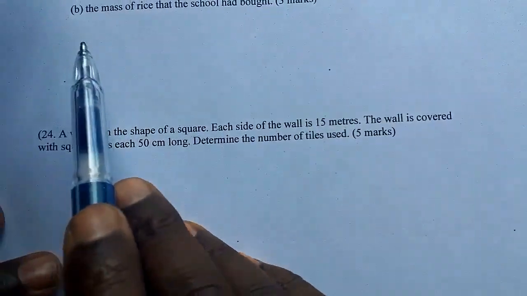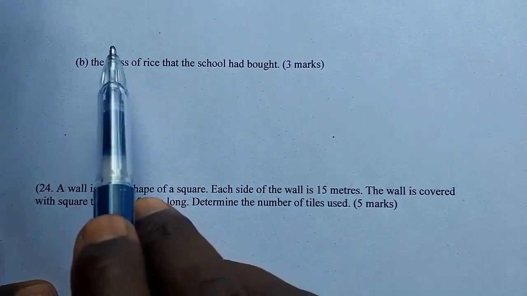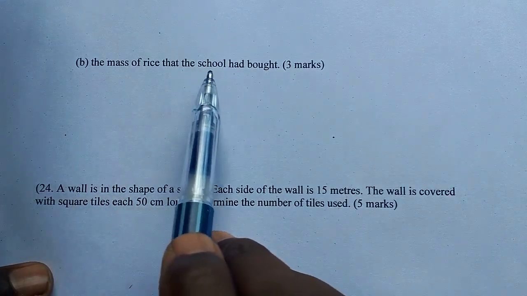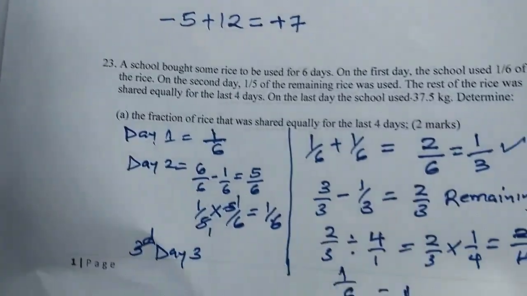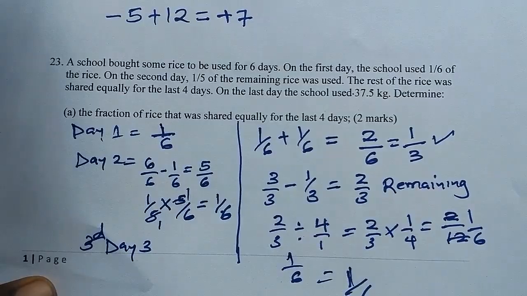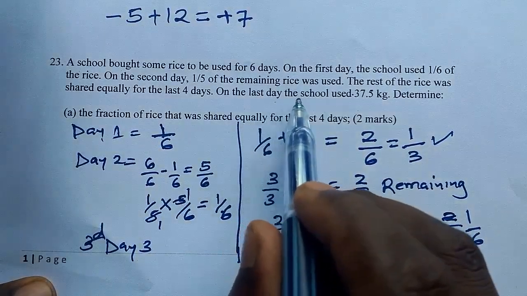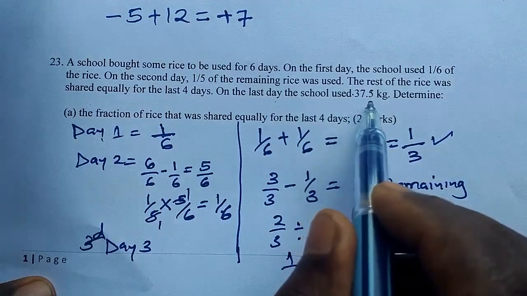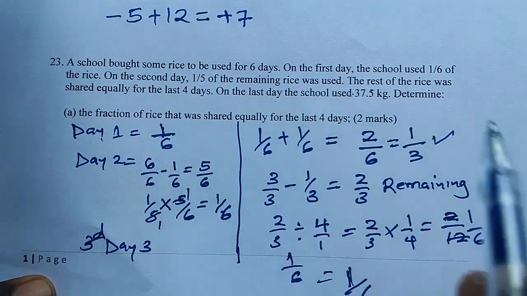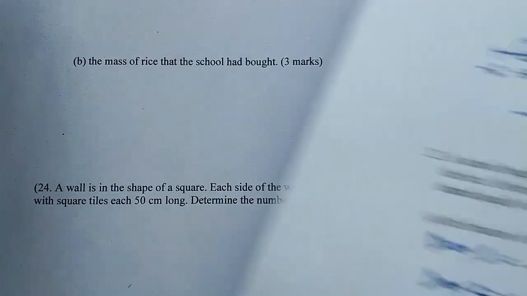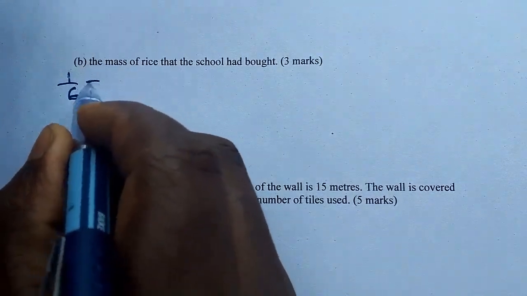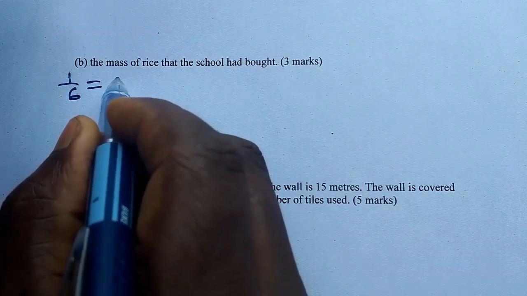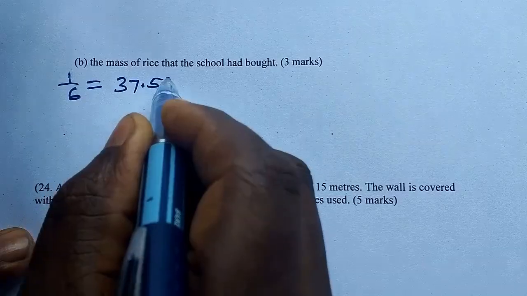Determine the mass of rice that the school had bought. We were told that on the last day, the school used 37.5 kg. So the last day used 1 over 6, which is equal to 37.5 kg.